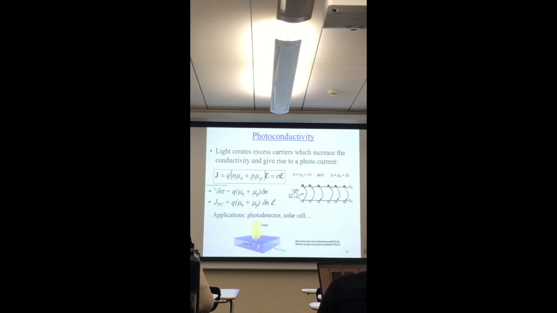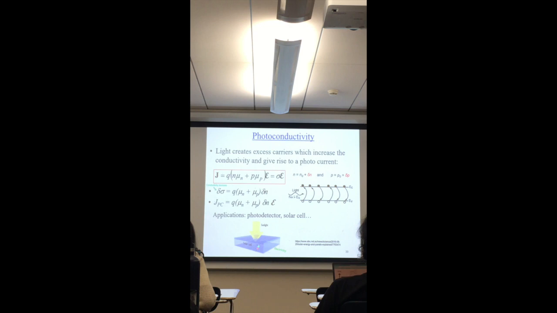Now we would like to determine the increase of this conductivity due to this illumination. We have this carrier concentration increase: the equilibrium value plus this excess value, for both electrons and holes. Then we can determine the conductivity increase compared to the equilibrium value.